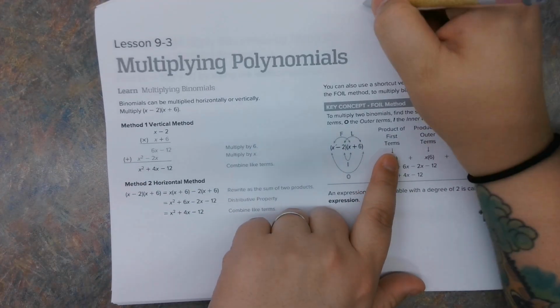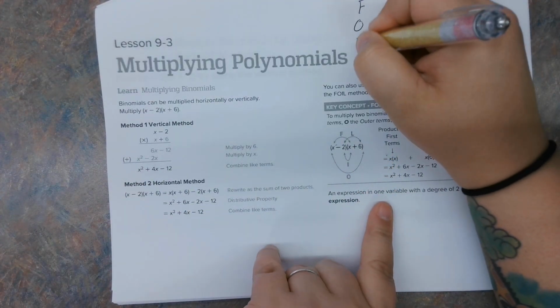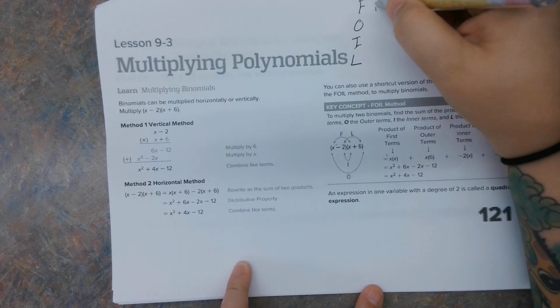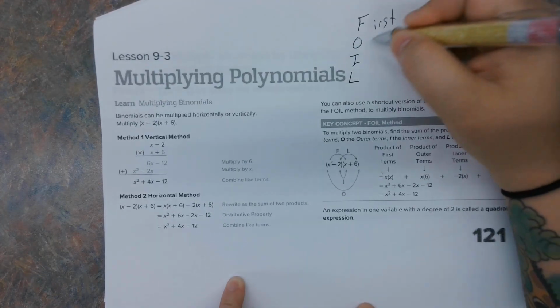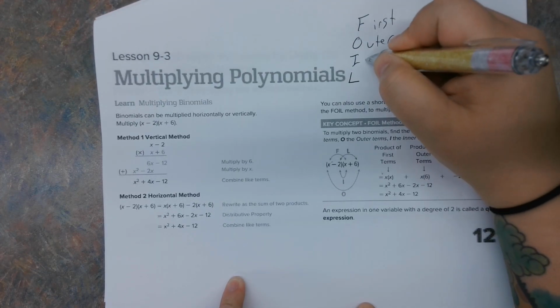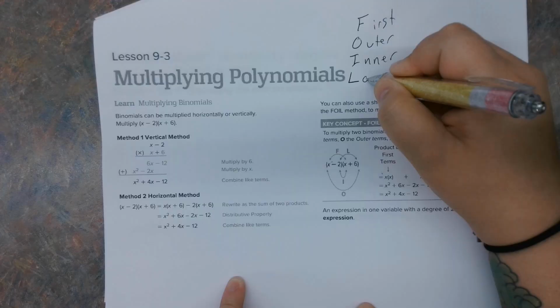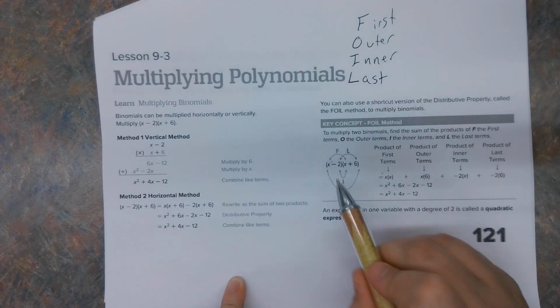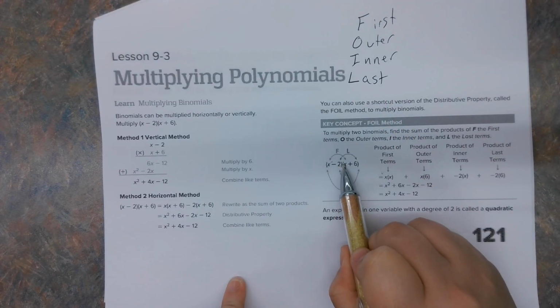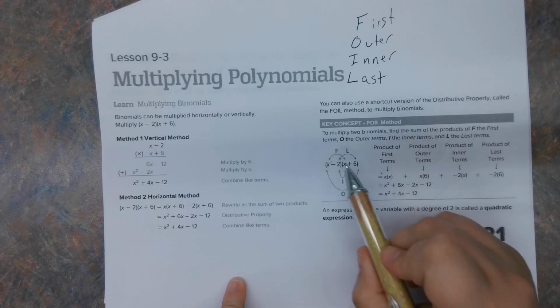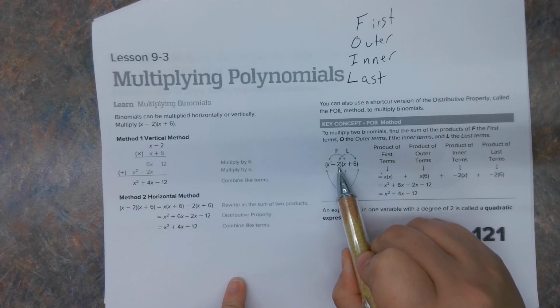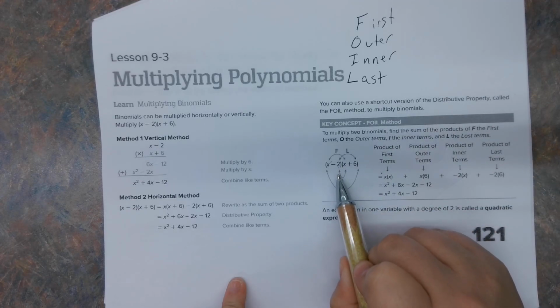FOIL stands for First, Outer, Inner, Last. So first is the first term times the first term. Inner is the inner terms, the ones on the inside. So there's my inner.